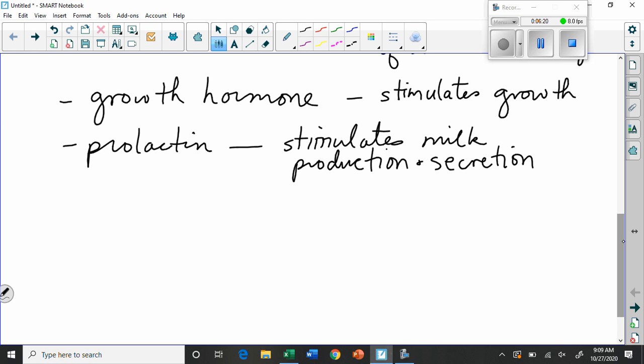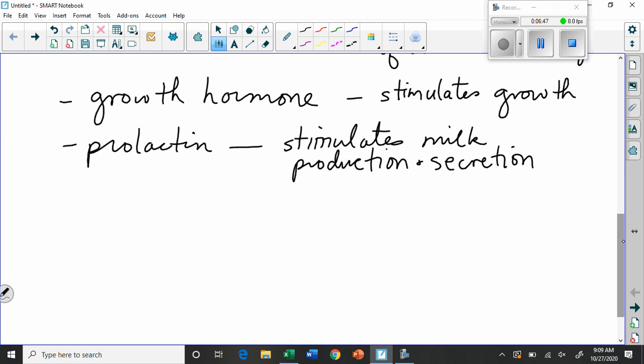There are some others. We're not going to get into all the details of them. We used to do reproduction in grade 9 biology fairly extensively, and we dealt with a lot of the hormones involved in regulating reproduction. There's the follicle stimulating hormone, which produces the production of sperm and eggs in the ovaries and testes. Luteinizing hormone, which again is involved in stimulating ovaries and things.